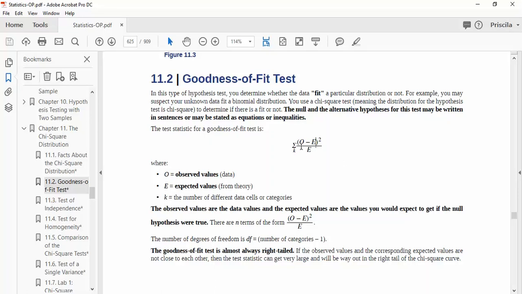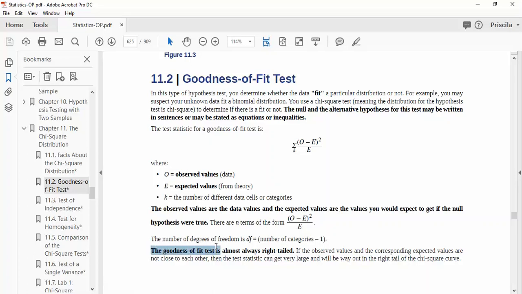That's how we're going to calculate everything to get to your chi-square test statistic, and then from there we can calculate the p-value, and compare it to the alpha, just like in hypothesis testing, to see whether we reject or fail to reject the null hypothesis.